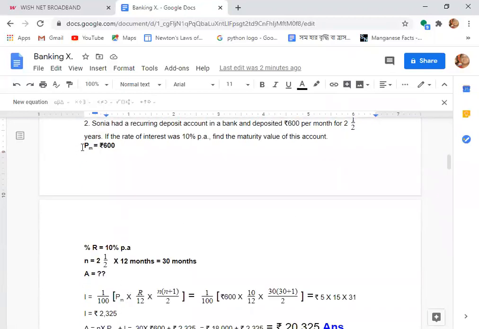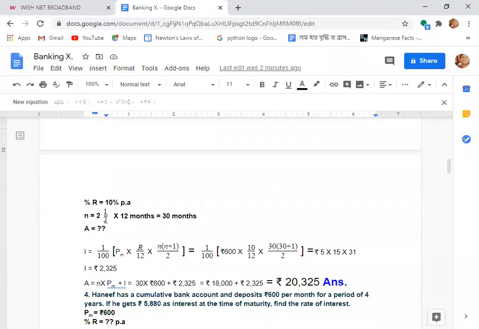Here the given parameters are the per month installment, rupees 600, and the rate, 10% per annum. The number of transactions is 2.5 years, meaning 2.5 into 12, that is 30 months, and you have to find out the amount. The formula for I, as you know, will be this.